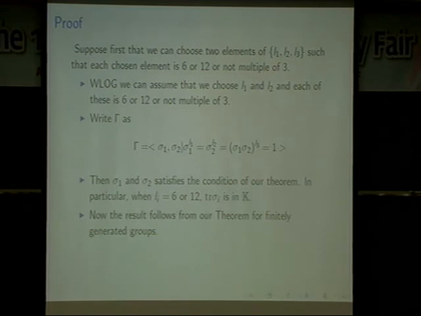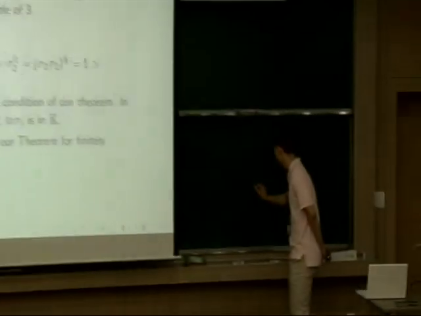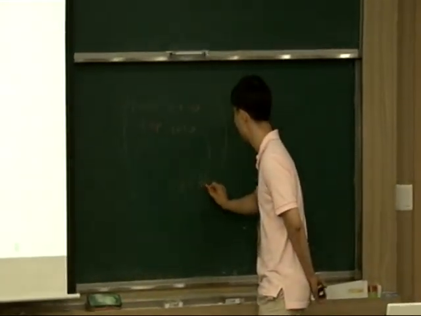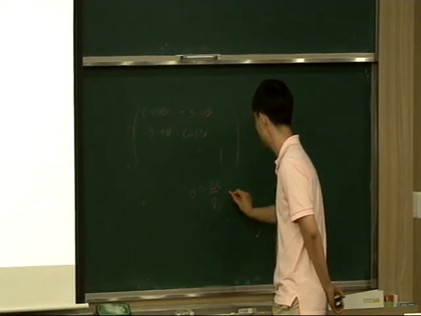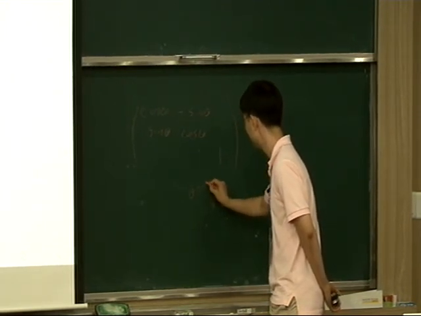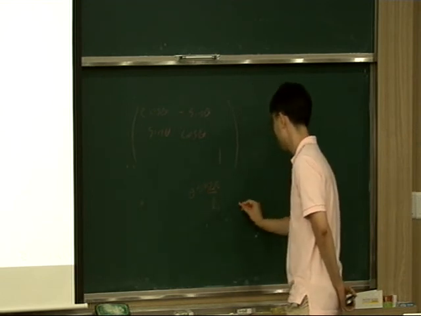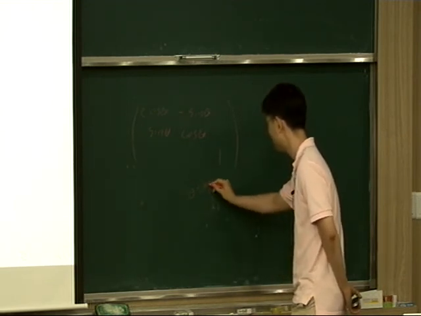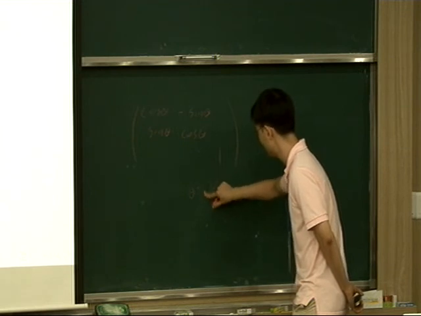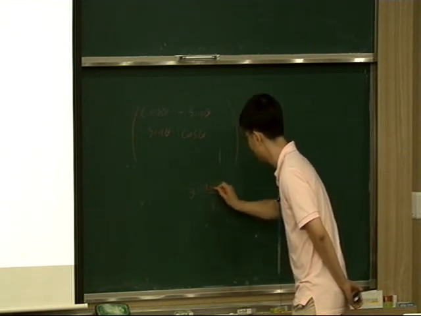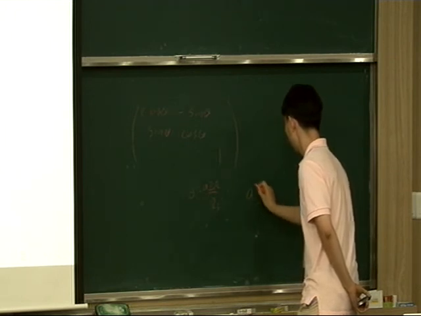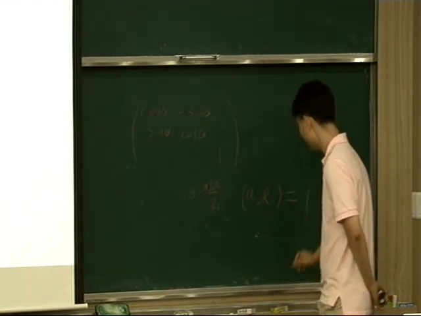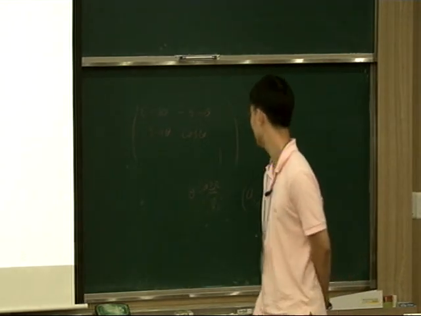So theta is 2 pi times a_i over the order of sigma i, and a_i is relatively prime to the order of sigma i.